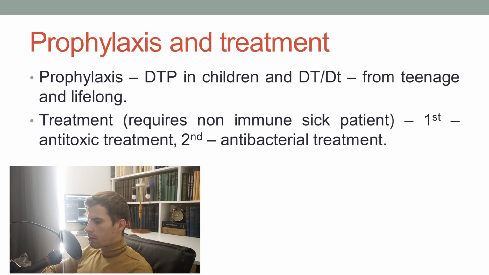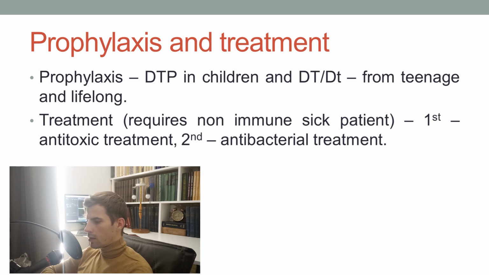Regarding prophylaxis and treatment, first of all, prophylaxis includes vaccination, which starts in childhood, and according to the program of immunization of your country, it can vary between 4 and 5 steps of immunization with DTP vaccine.